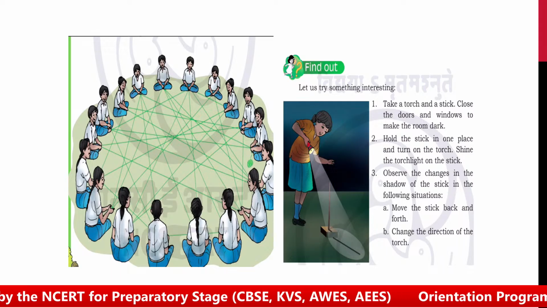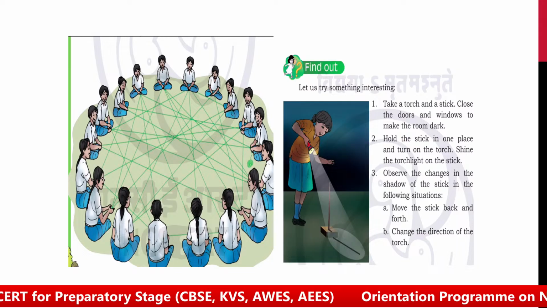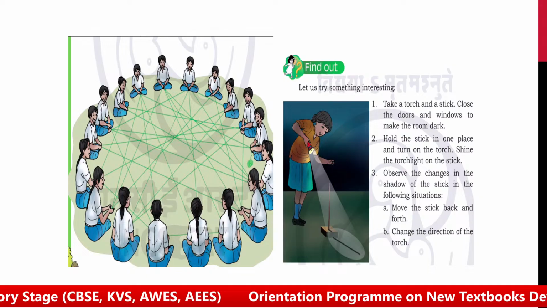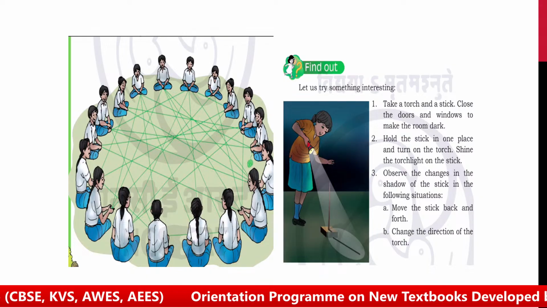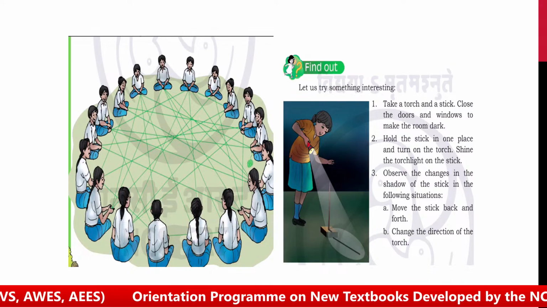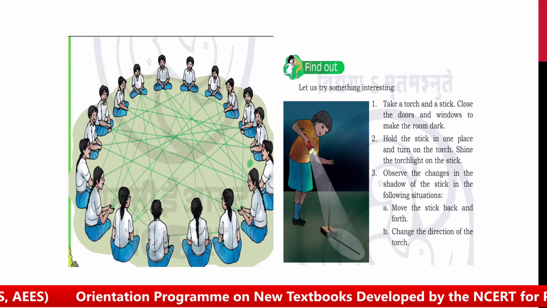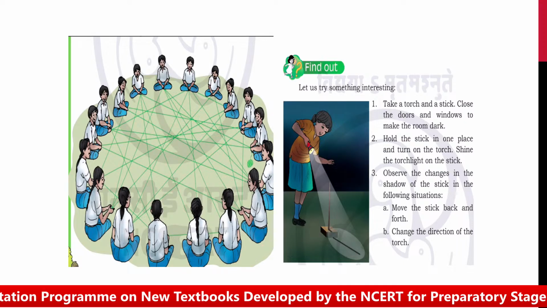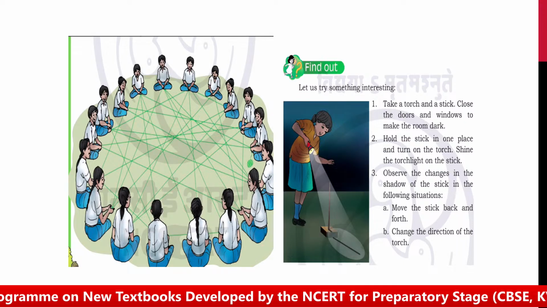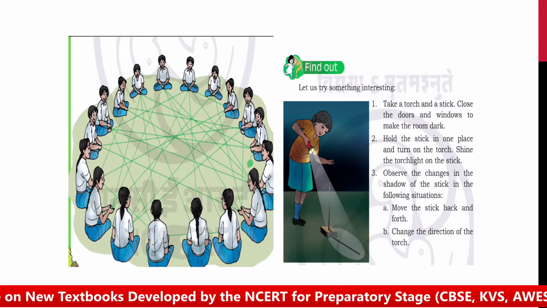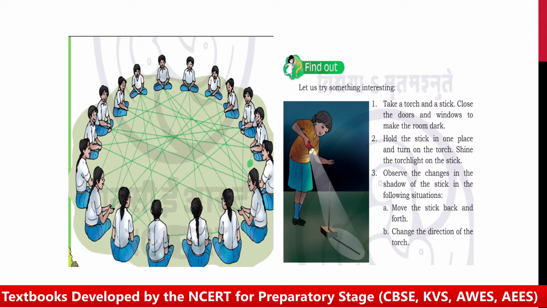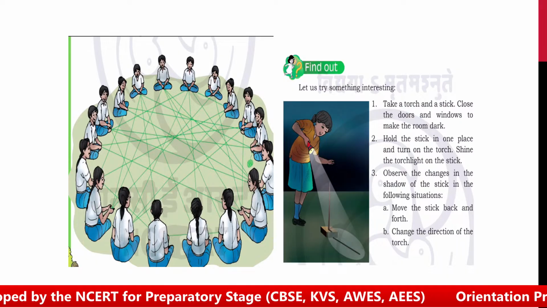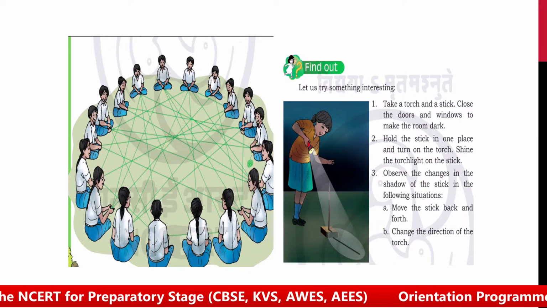Through this game, we are trying to help them understand the interdependence among the different plants, animals, and other elements like sun and air. If one of the elements is missing, then the whole interdependence, the symphony which exists in the environment, gets lost. So through these kinds of activities, we are trying to touch upon the different kinds of competencies that NCFSE talks about.